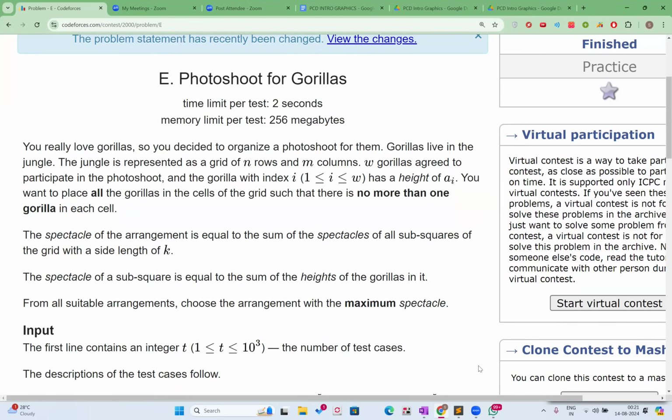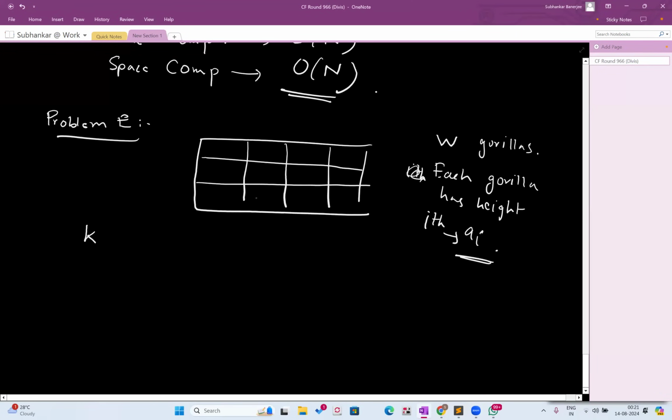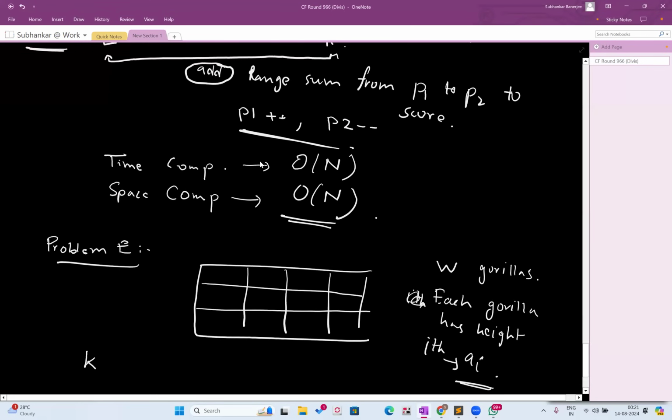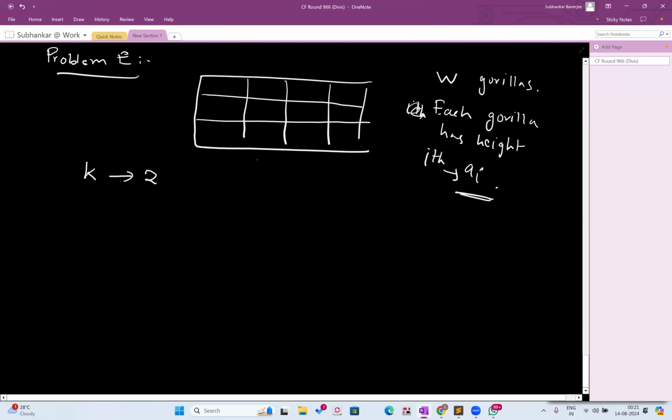We are also given a number k. Suppose for this case k equals 2, and this is an n cross m grid, a 3 cross 4 grid.